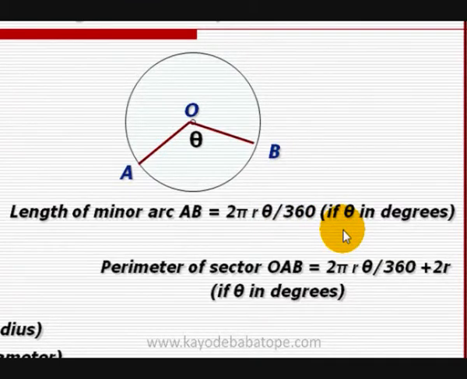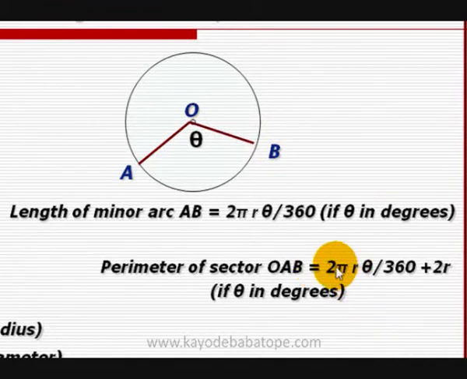And the perimeter of the sector OAB would be the length of this arc AB plus the distance OB plus the distance OA. But note that the distance OB and the distance OA are equal to the radius of the circle. That is, OA is r, OB is r. So, the perimeter of the sector OAB will be equal to r plus the length of this arc plus r.